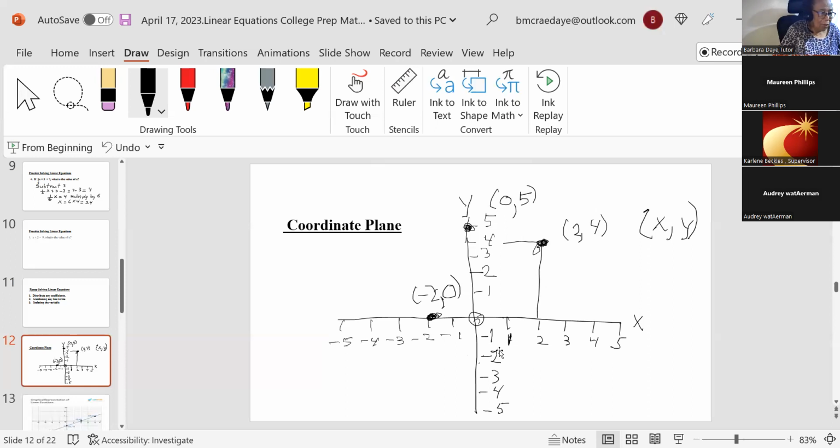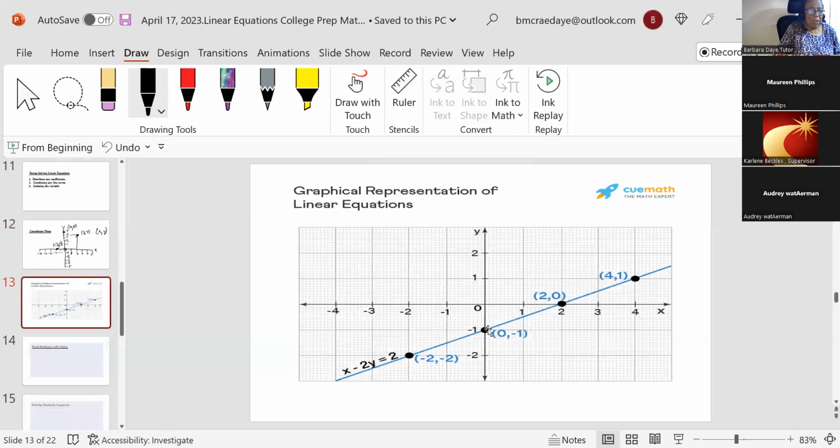Now I have a little coordinate plane here, and here's one. This is a graphical representation of linear equations.